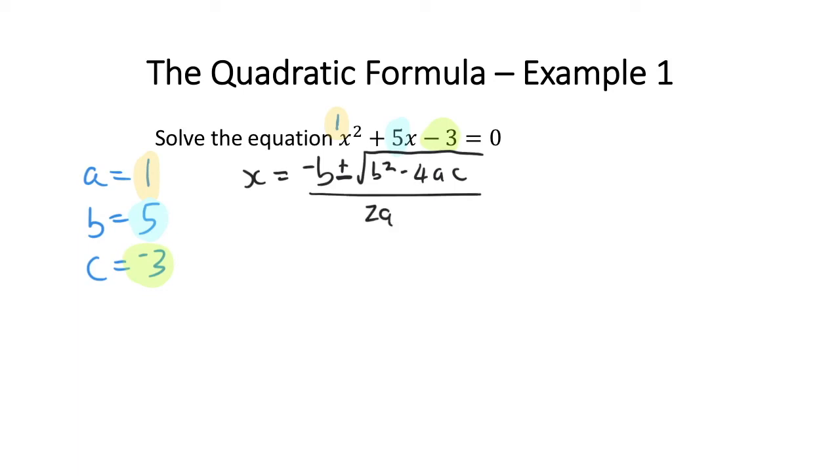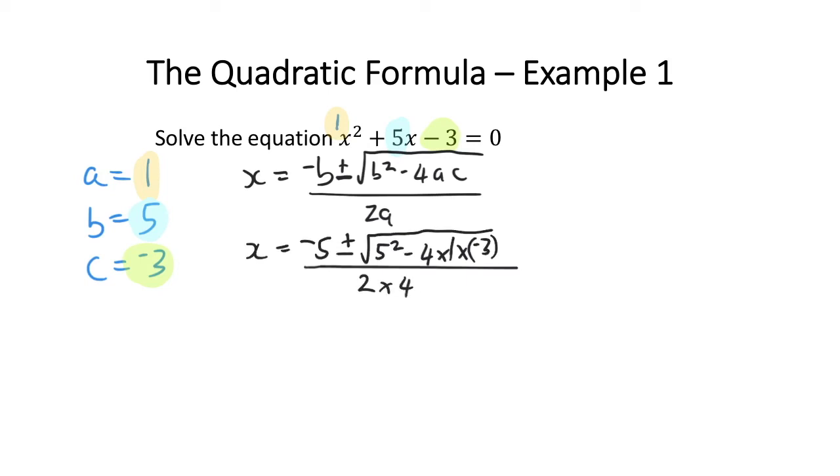The next step is to substitute in those known values. So x is equal to negative b, so negative 5, plus or minus the square root of 5 squared minus 4 times a, so 4 times 1 times c, which is negative 3, divided by 2 times a, so 2 times 1.